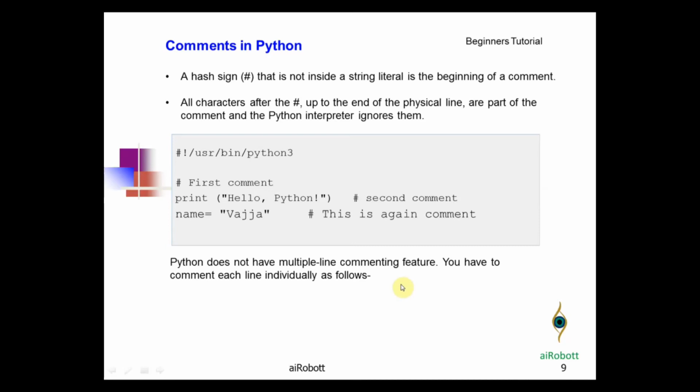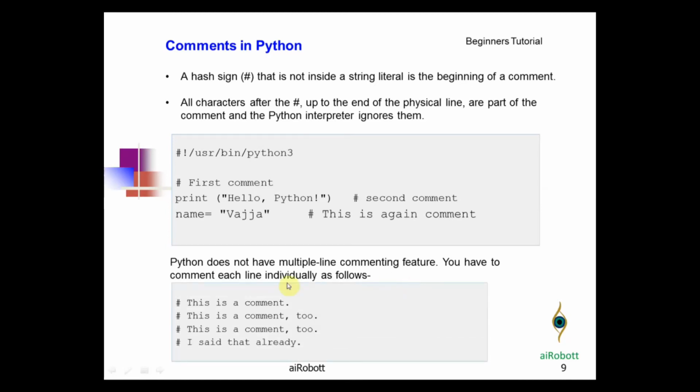In Python, the multiple line commenting feature is actually not available. So for that purpose you have to use the hash sign for every line. See here, at the beginning use this hash sign. For every line you have to use it.